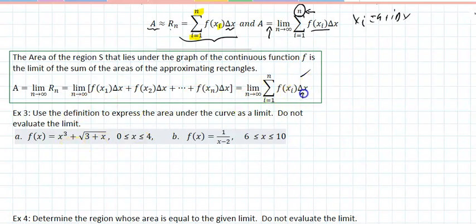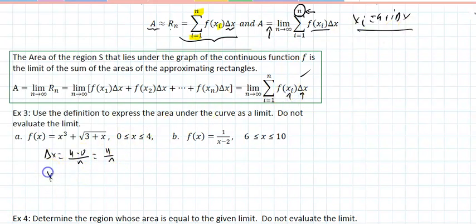I need delta x. Delta x is b minus a over n. So it's 4 over n. And x sub i, that's what I need. In this case, a is 0, so it doesn't come up. It is i times delta x. So it's 4i over n.